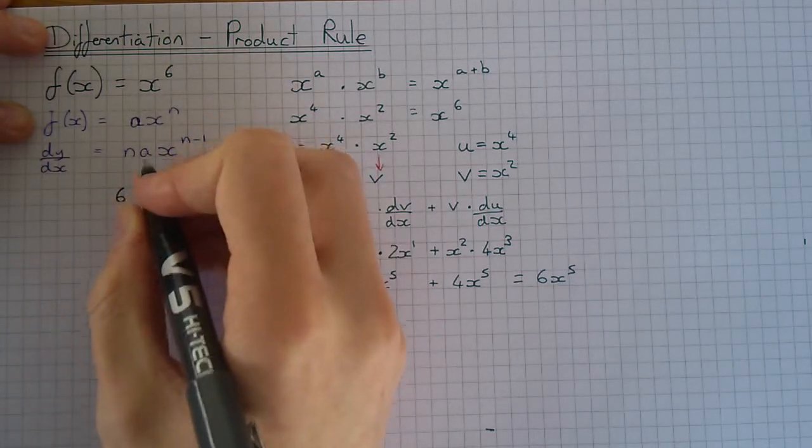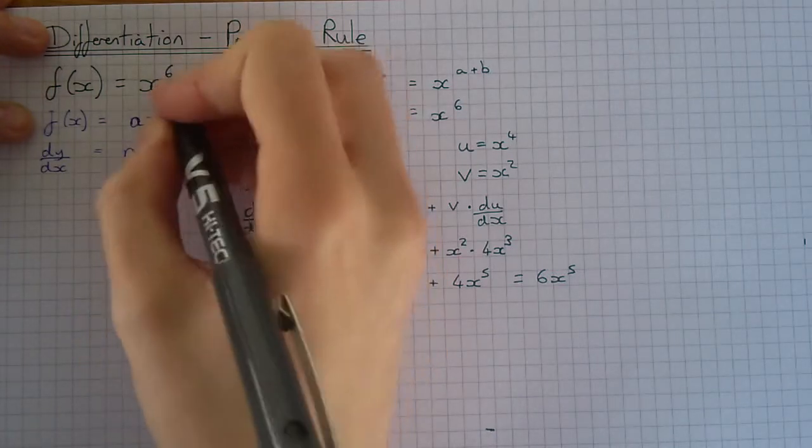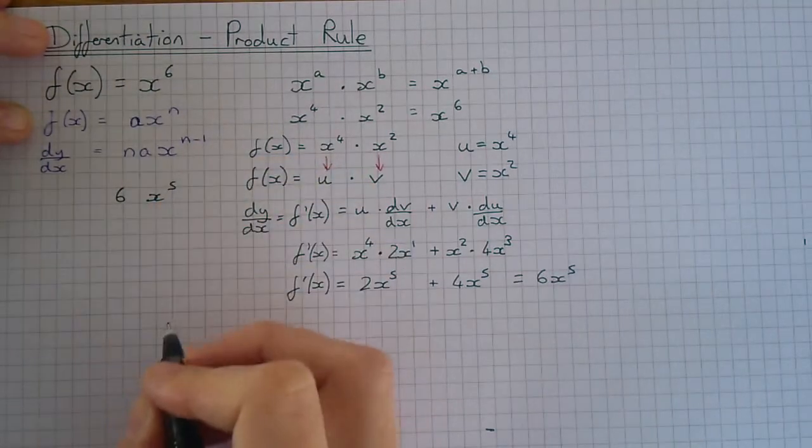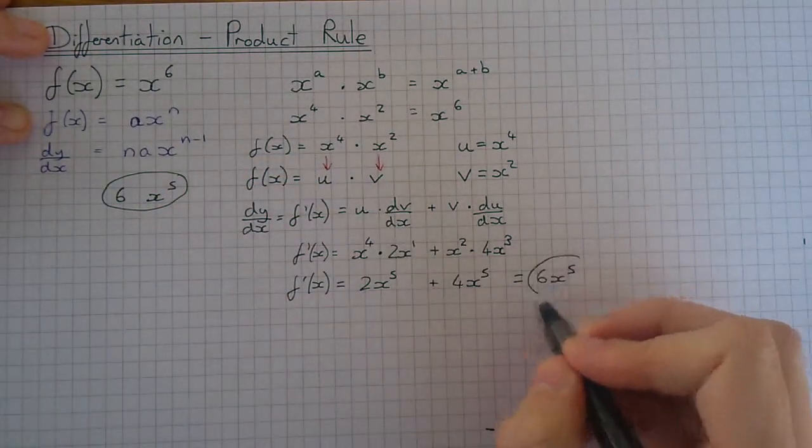N is 6, there is no a value, x is x, and n minus 1 is 6 minus 1, which is 5. You see that in this example, this value matches with this value.